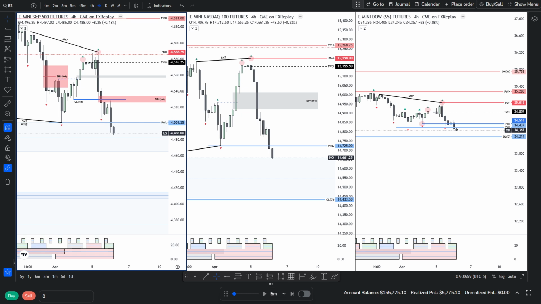So currently price is below their respective true week opens, which would normally support high probability longs, but only coupled with high time frame cracking correlation at the lows.